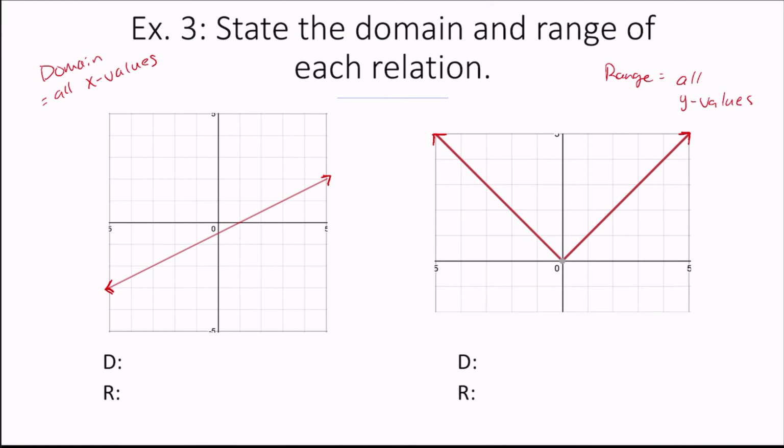So the domain, all possible x values, we start, right, this line continues in the negative direction infinitely. Or we are going to assume that it continues infinitely in the negative direction. We have no indication that it doesn't, at least. And the same in the positive direction. We have no indication that it doesn't continue infinitely, so we're going to assume that it does.